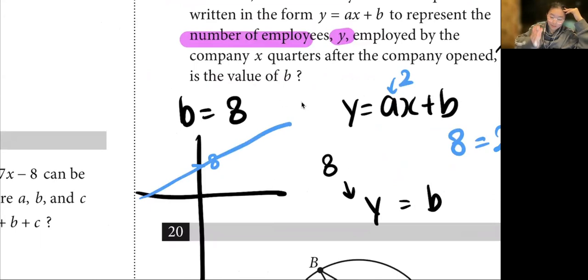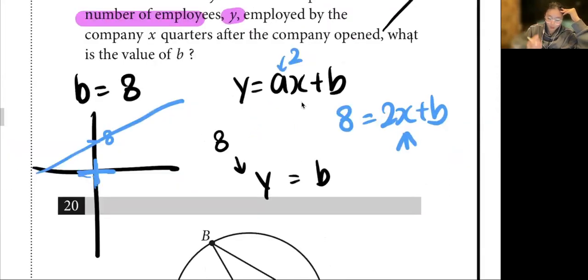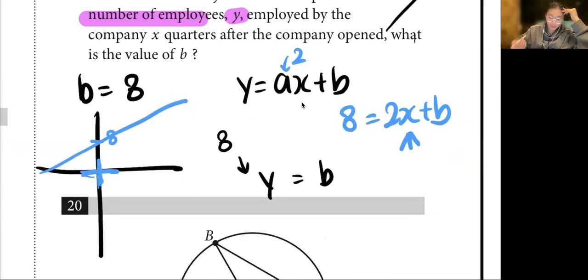The y-intercept is 8. b is the y-intercept, and that's 8. Okay. And we make x 0 because when x is 0, we know where it crosses on the y-axis. Only when x is 0, you know the y-intercept. That's why we always make x 0 in order to get the y-intercept.